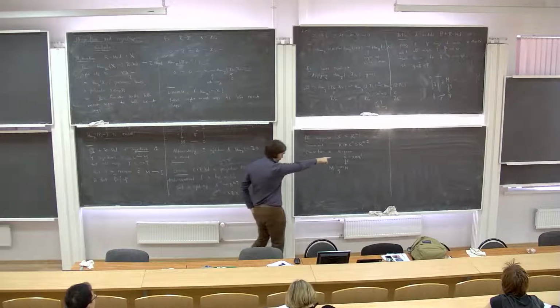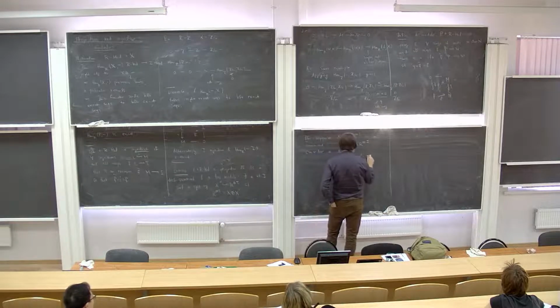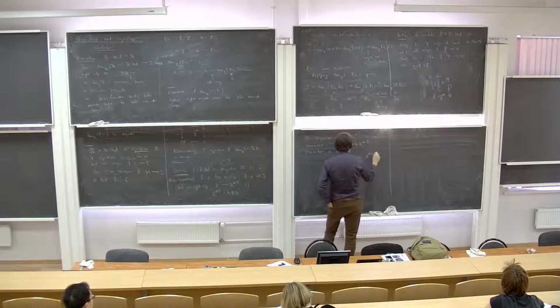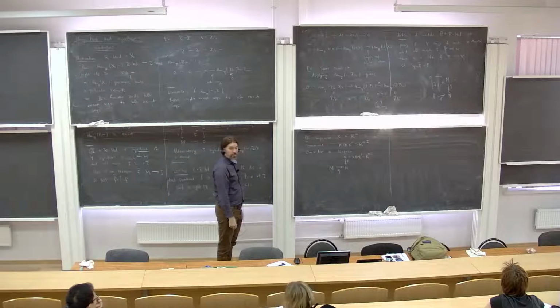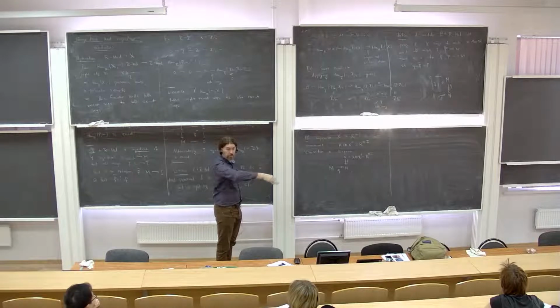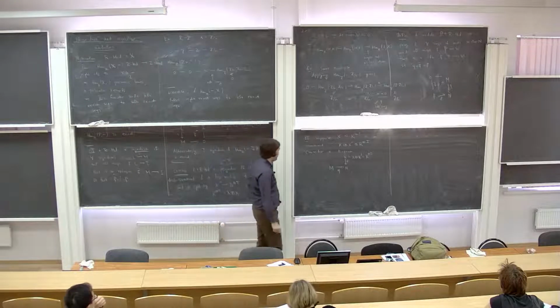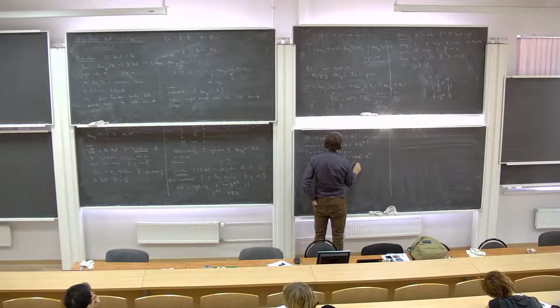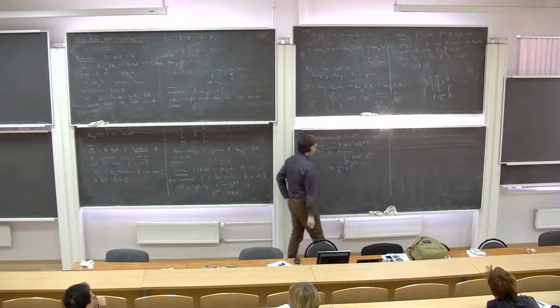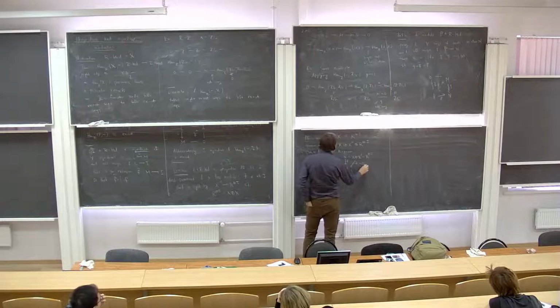This is free. And I can extend it by just declaring it to be 0 on X prime. To define a map out of a coproduct, I just tell you what it does on each summand. So this will be f plus 0, and that 0 will be on the X prime.